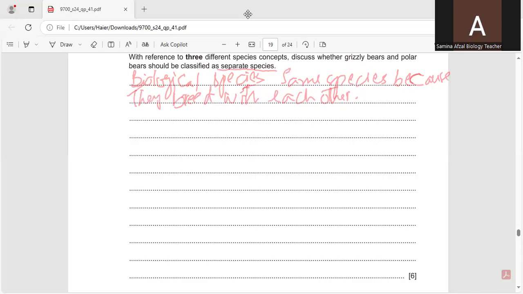According to the definition of species, organisms can interbreed with one another. Here they can interbreed and had a hybrid, which is the grizzly bear. So it means they can be considered as one species.